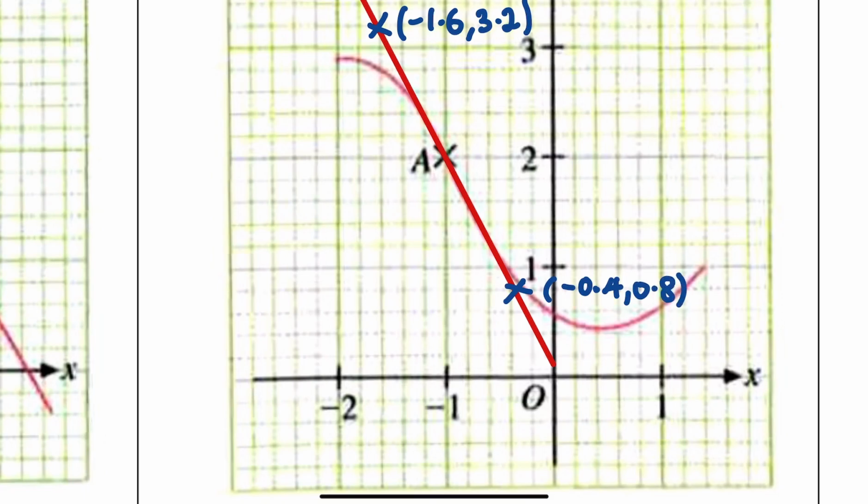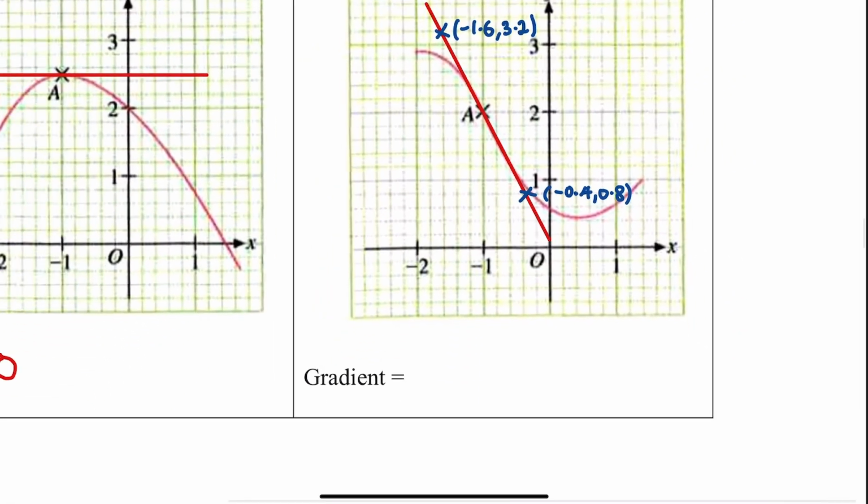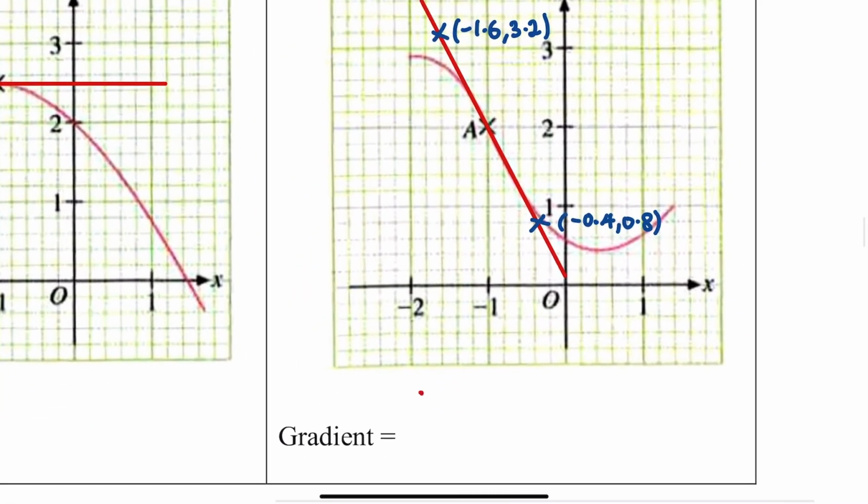Okay, so over here, once I've chosen two nice points, I can then proceed to calculate the gradient. So the gradient for this line, I can calculate this to be y2 minus y1 over x2 minus x1.